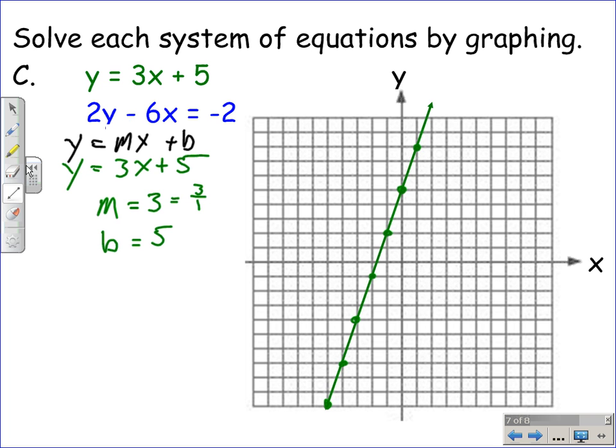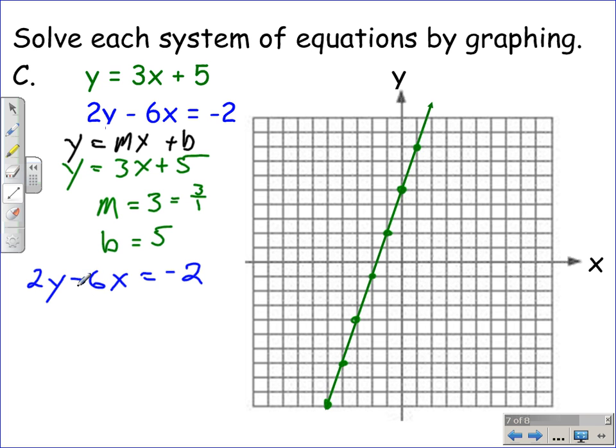Now, the second equation in blue is 2y minus 6x is equal to negative 2. Even though the x's and the y's are on the same side, another method for graphing this kind of equation would be to solve the equation for y and then use the slope and the y-intercept.